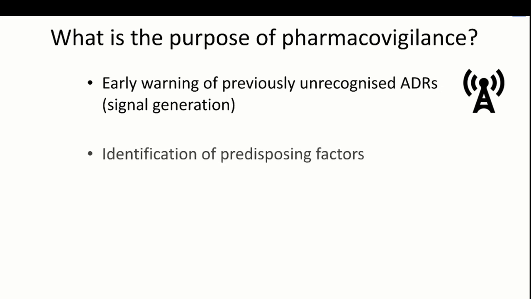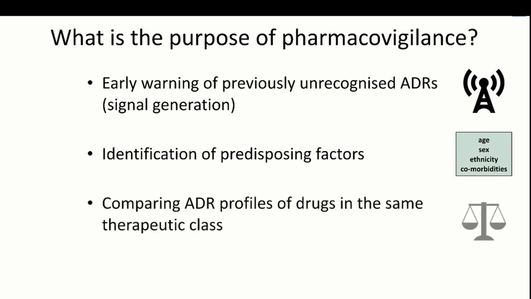It may also identify predisposing factors for known or previously unknown reactions, such as renal failure predisposing to lactic acidosis with metformin, or the increased likelihood of myopathies in Asian patients taking rosuvastatin. There may also be an opportunity to highlight differences in safety between two drugs in the same class, such as the likelihood of developing the metabolic syndrome with different atypical antipsychotics.